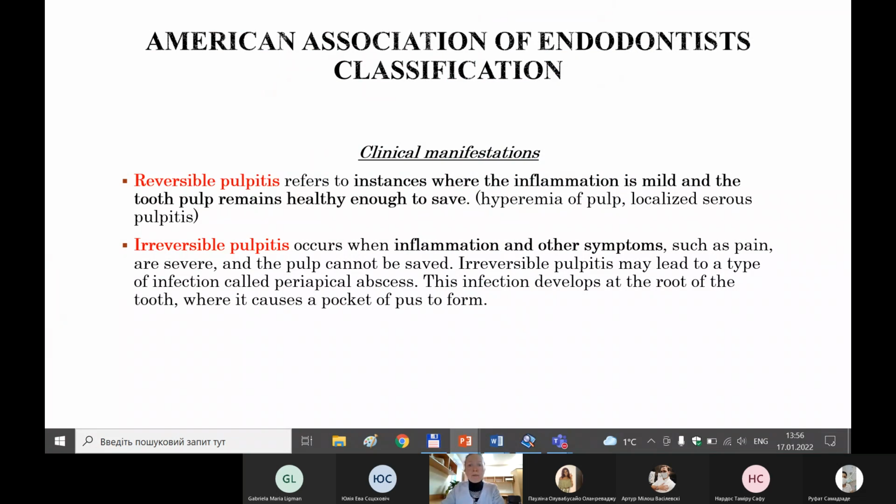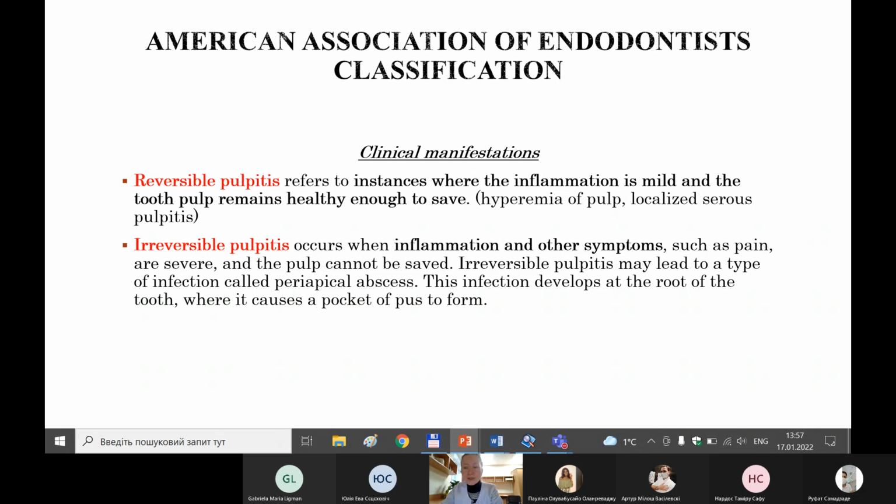According to the American Association of Endodontists classification, we have reversible and irreversible pulpitis, and their clinical manifestations are as follows. Reversible pulpitis refers to instances where the inflammation is mild and the tooth pulp remains healthy enough to save.